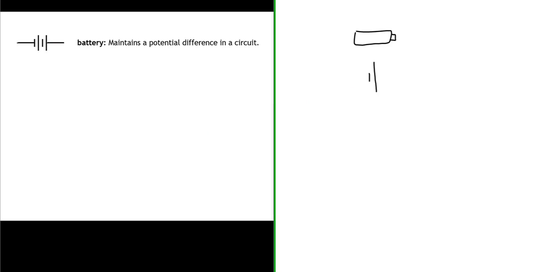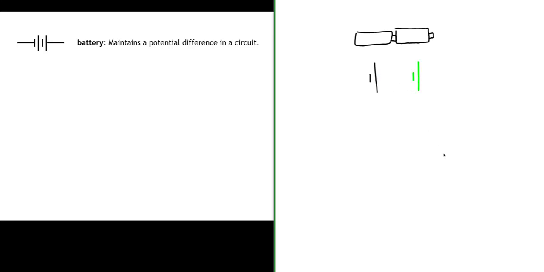If I attach these two batteries in series, basically connecting one right after the other, I would represent this combination with these two sets of parallel lines, where the battery on the left represents the first set and the battery on the right represents the second set.